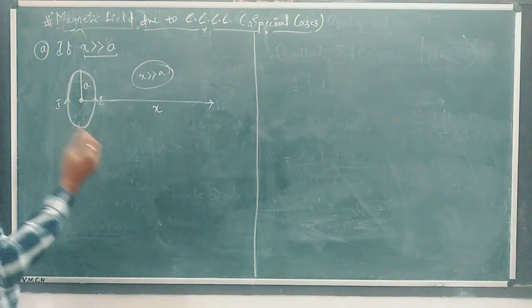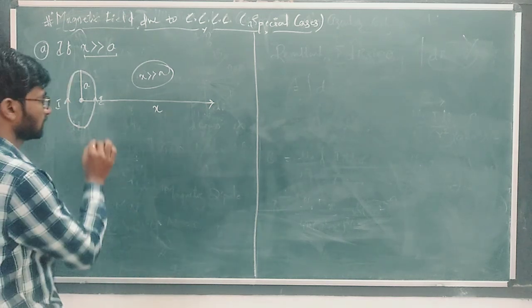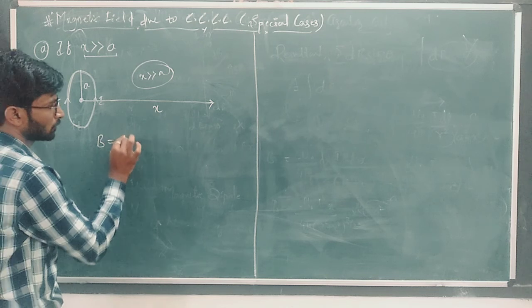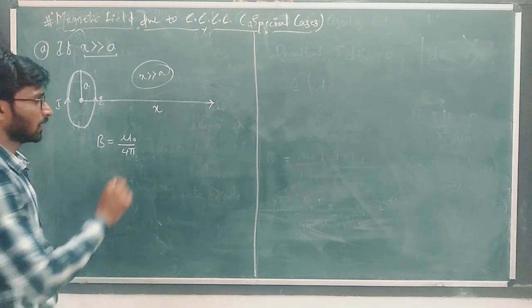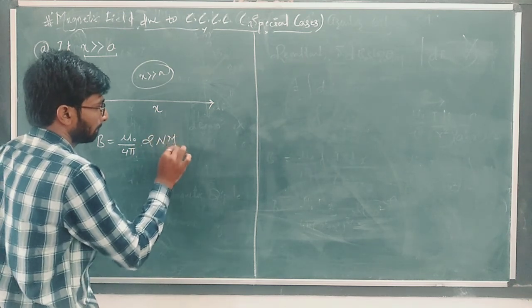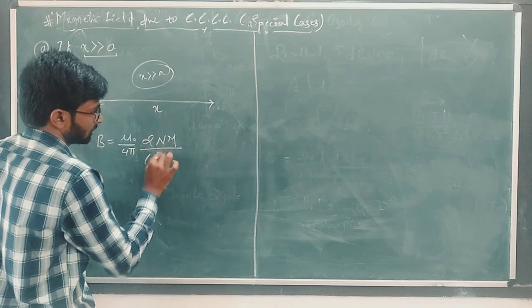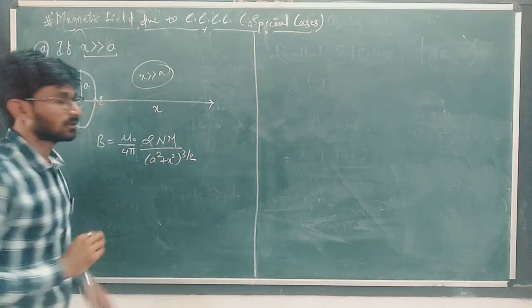Due to that, we already got the expression for the magnetic field: B is equal to mu naught by 4 pi into 2m by (a square plus x square) to the power 3 by 2.